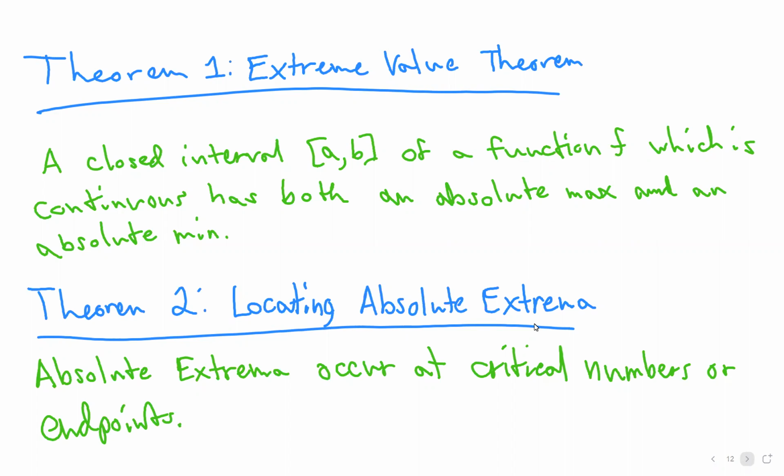So if you had that closed interval [a, b] in theorem 1, you would test a, you would test b, and you would test all of the critical numbers in that interval. That would give you all the potential values for your absolute max or your absolute min. That's how you would try to find them, and that's the process.